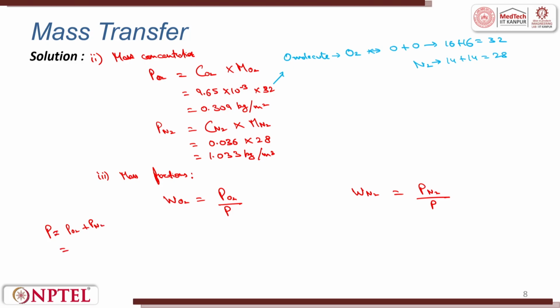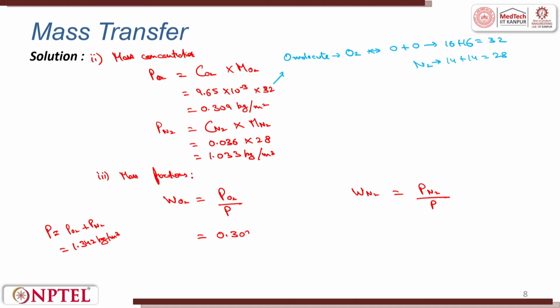This turns out to be 1.342 kilograms per meter cube.